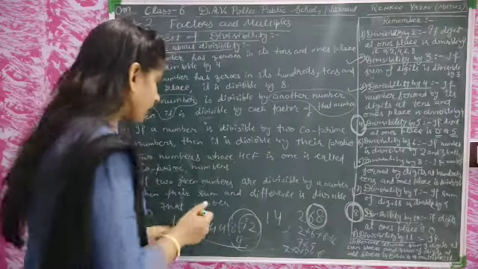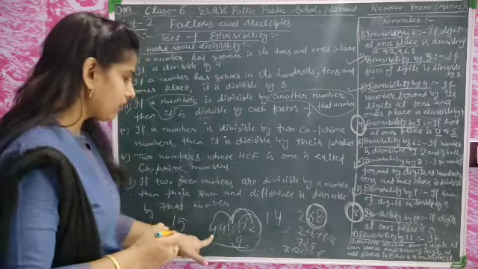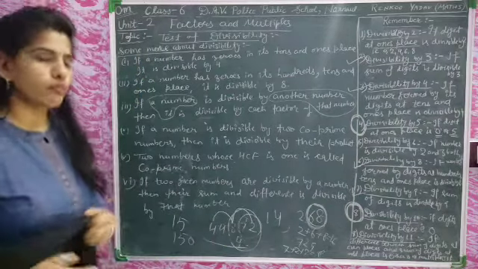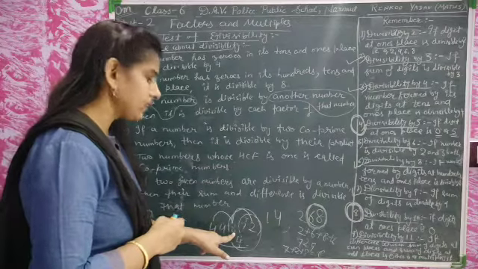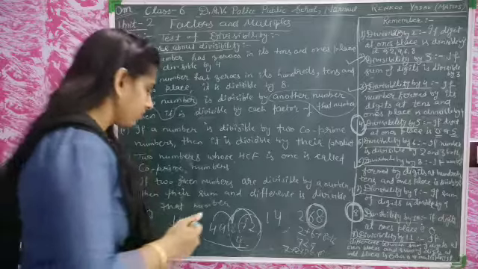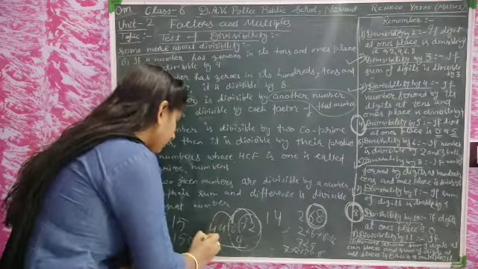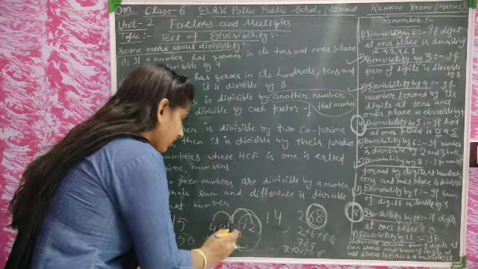Then that number is divisible by 11. Let's check here. The digits at the odd places are 4, 3, 2. 4 plus 3 is 7, 7 plus 2 is 9. The odd sum is equal to 9.